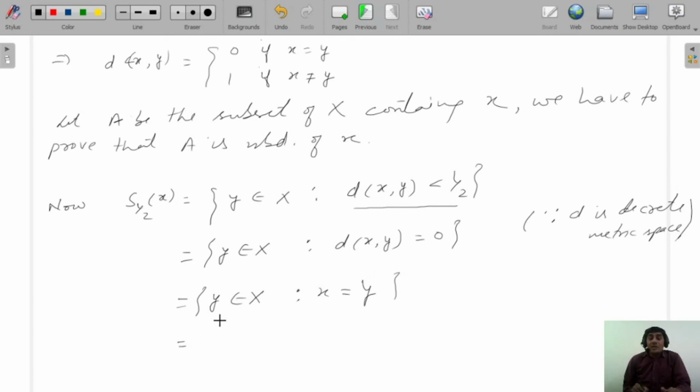So which is equal to {x}, and contained in capital A, because A is a subset of capital X containing x. This implies S_1/2(x) is contained in capital A. So capital A is the neighborhood of x.